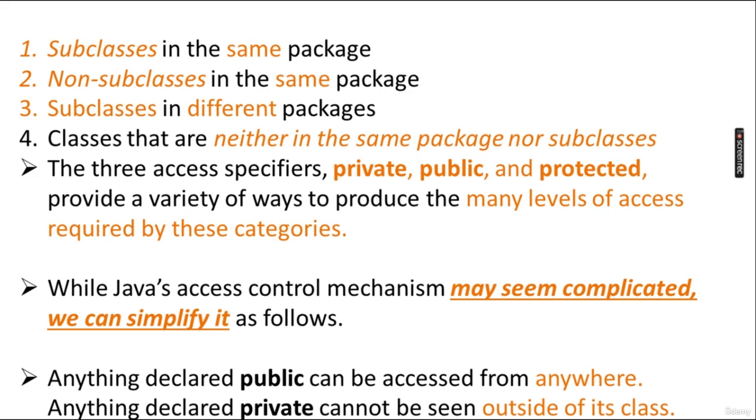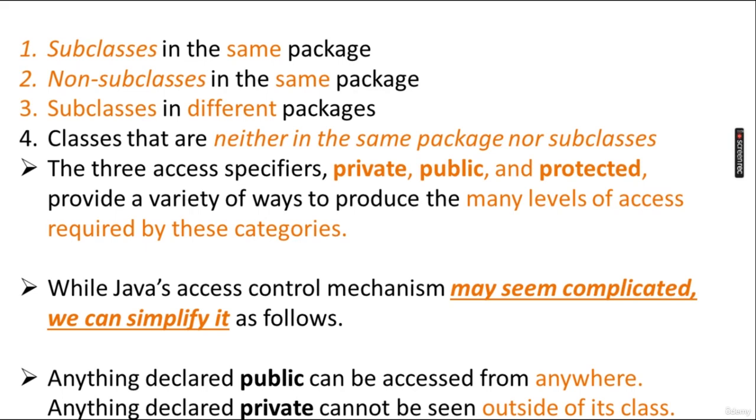The second one is non-subclasses in the same package. In the same package, all the classes are created, but they are independent classes, so no class is inheriting any other class. The third one is subclasses in different packages. You can also have different packages, where one superclass is defined in one package and its subclass is defined in another package.